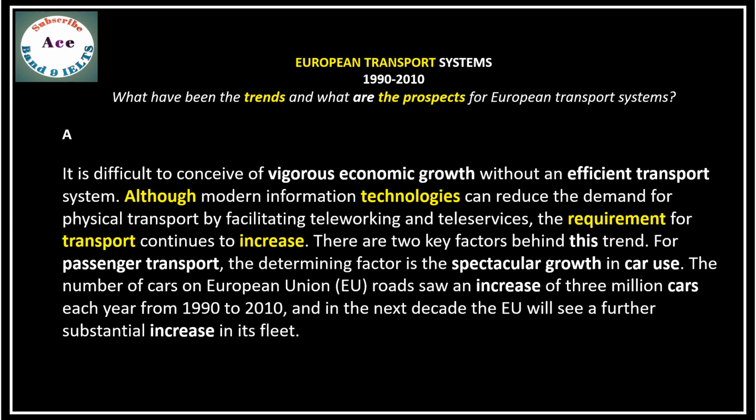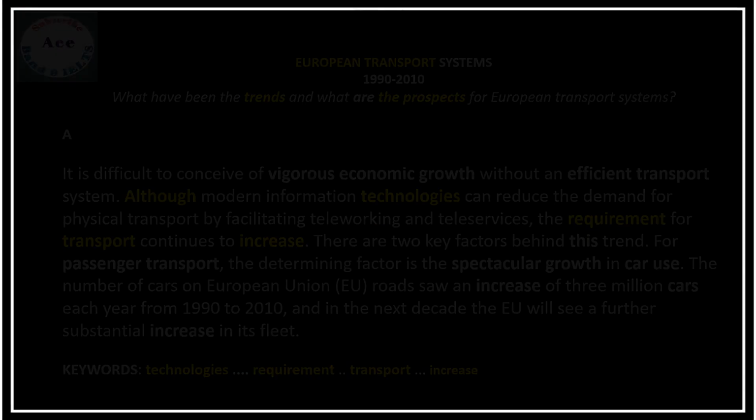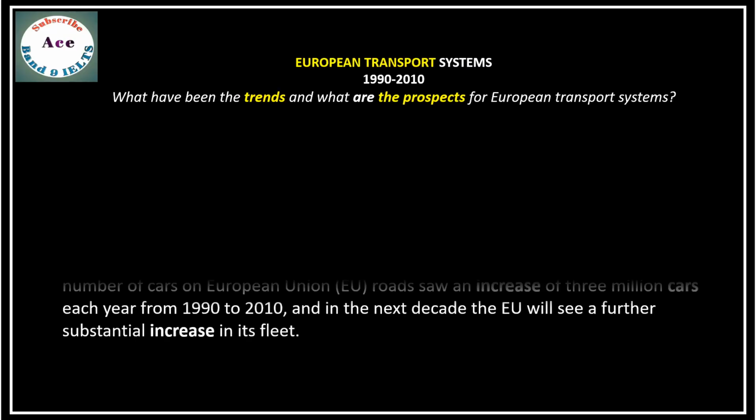In the first paragraph, you could also see some keywords such as technologies and requirement for transport increase. These keywords are found in question number 22. Now, come on, let us read the second sentence of para A and answer question number 22.